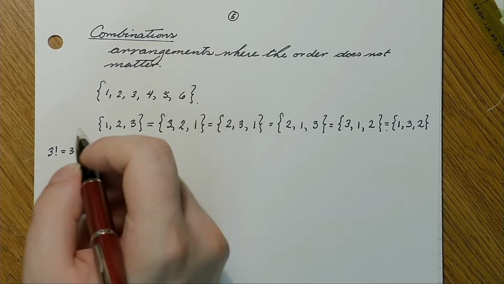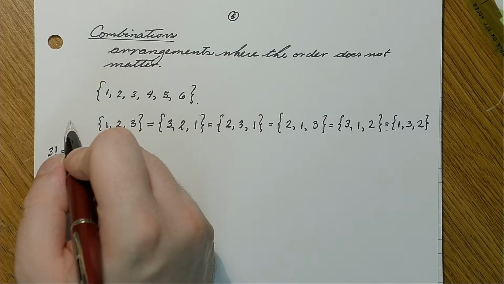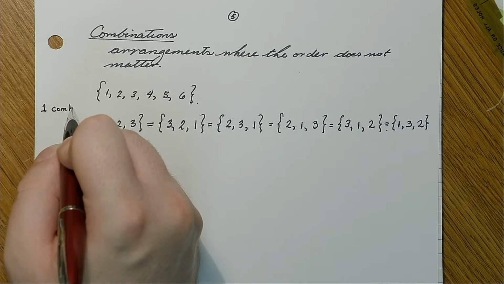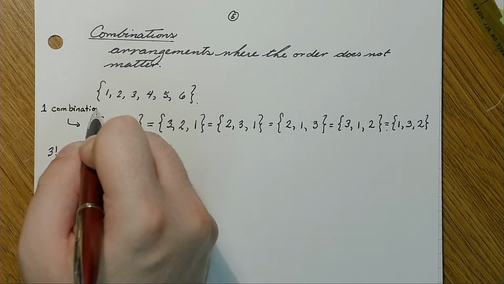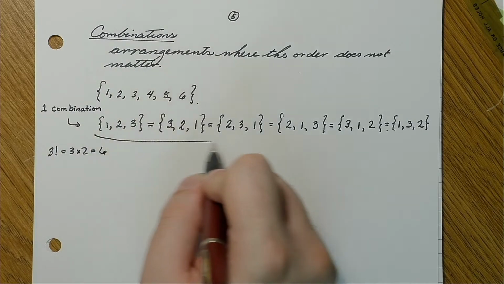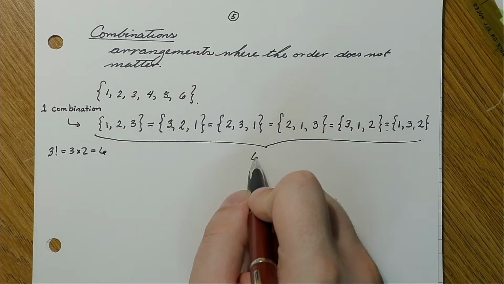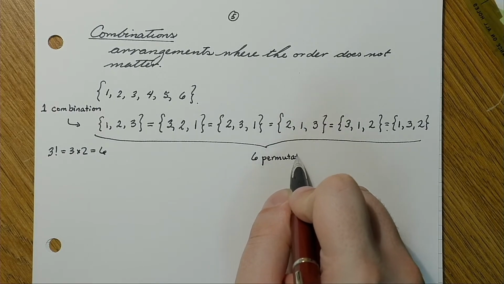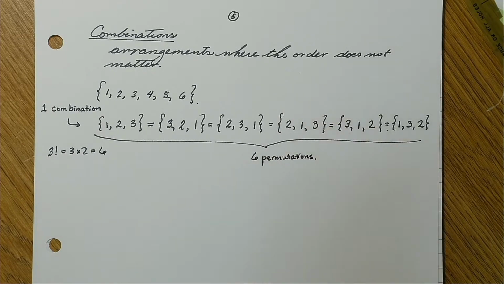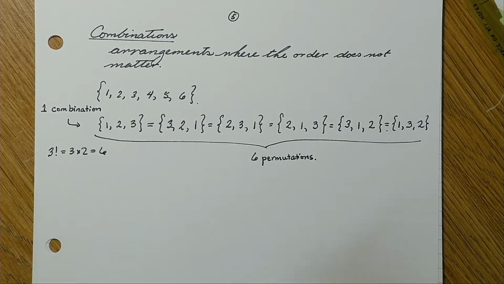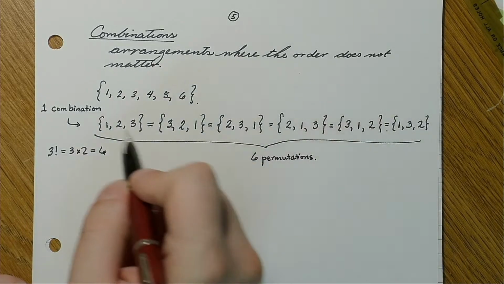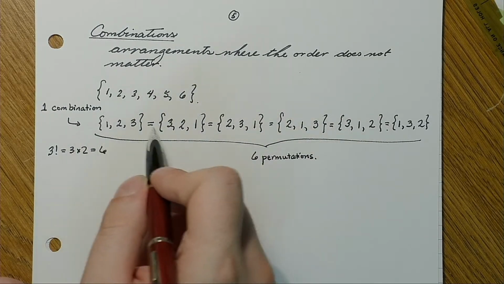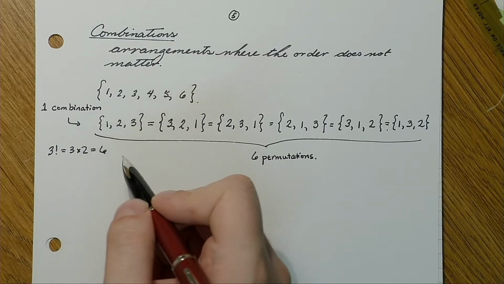So this is considered one combination, but there are really 6 permutations. Just to illustrate the difference: for one combination, it doesn't matter what order they're in, as long as the elements 1, 2, 3 are in it.